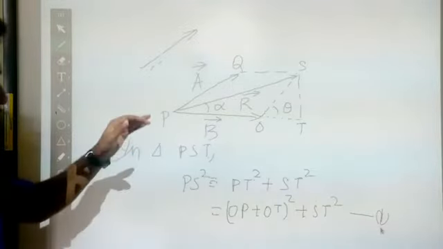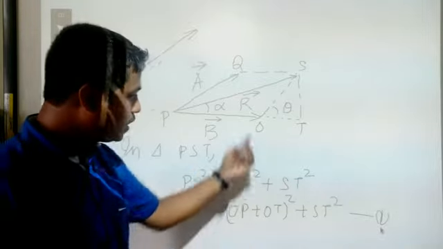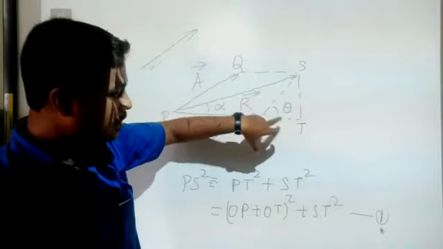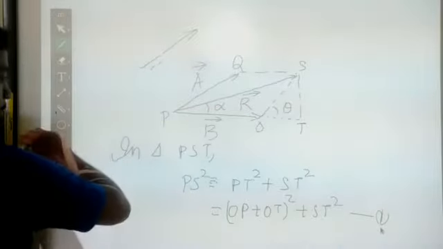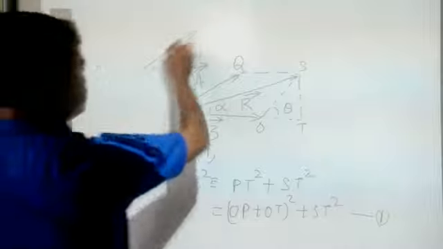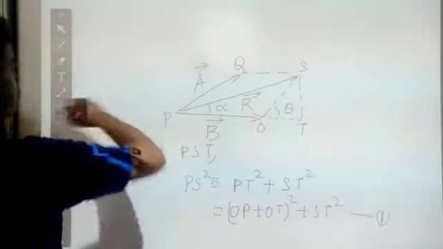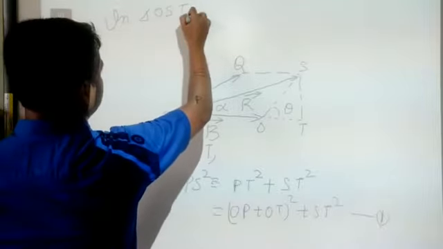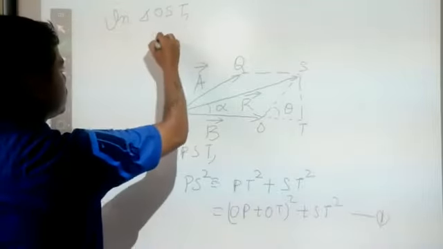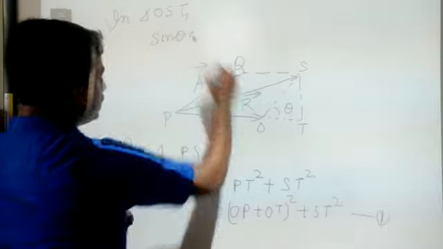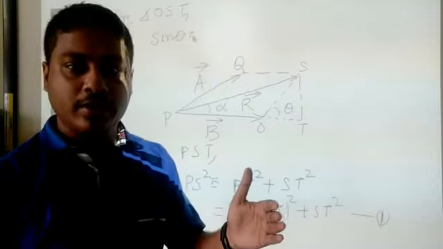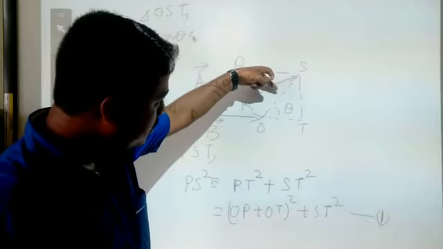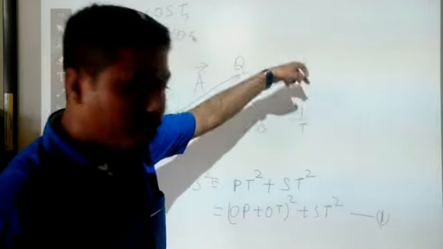Clear? So for calculating this value of OT, you have to use this triangle O, S and T. In triangle OST, if I use sine theta, it is equal to perpendicular by hypotenuse. Since this is the angle, this will be your base, this will be your hypotenuse and ST will be your perpendicular.